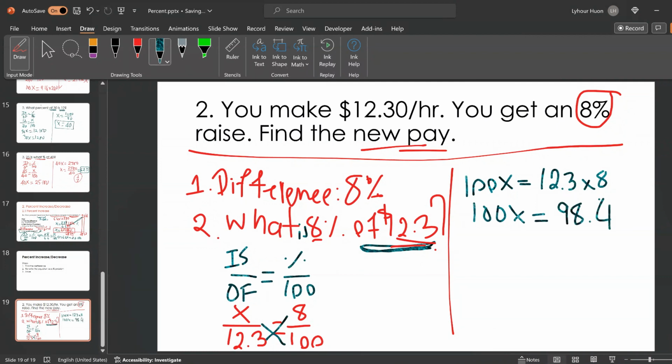Now to find x, we divide 98.4 by 100. When we divide by 100, we shift the decimal to the left, because when we divide, we make the number smaller.